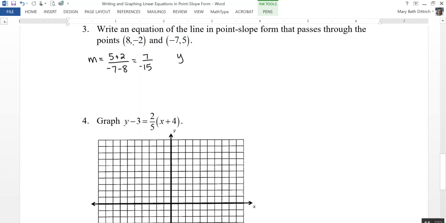I'll use the first one: y minus a negative 2 equals -7/15 times x minus 8. Or, using the second point, y minus 5 is equal to the same slope, -7/15, times x minus a negative 7, or plus 7. Either one of those is an acceptable answer.